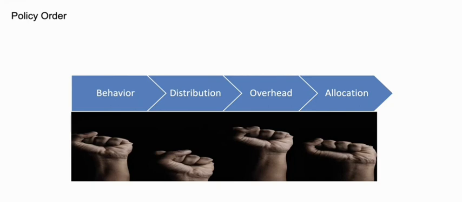For example, for cost behavior policies, if you do not like to define your costs as fixed, variable, semi-variable, don't use it. If you don't need to use the overheads, don't use it. So you can use all of them, or just 1, 2, or 3 of them. It depends on you.